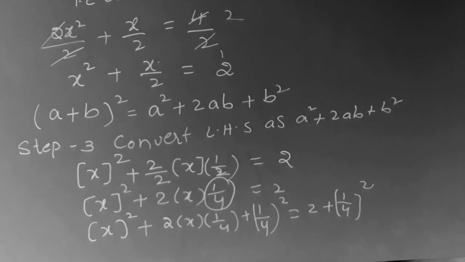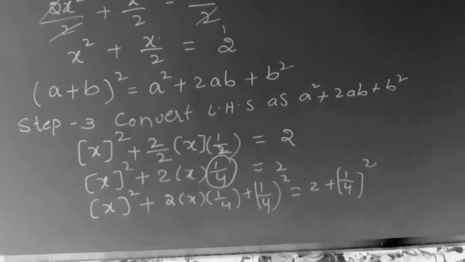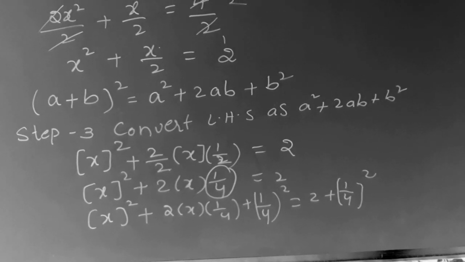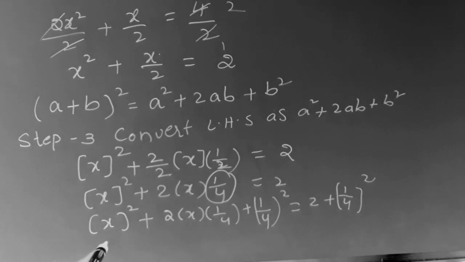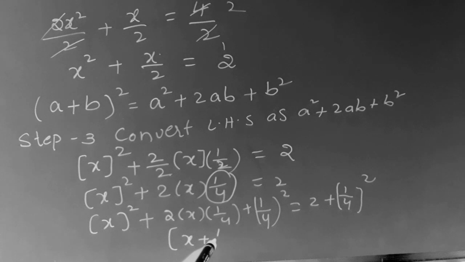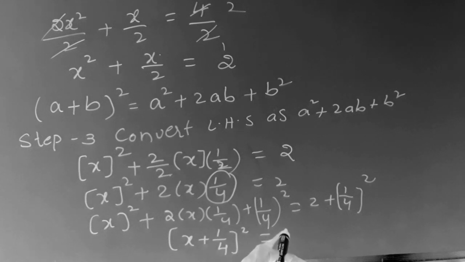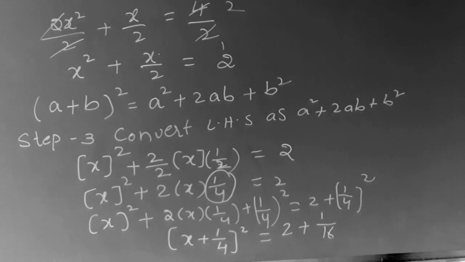So now what happens, just you see here, the left side is looking like a square plus 2ab plus b square. So it becomes a plus b whole square. Okay, right side you see 2 plus 1 by 4 whole square is nothing but 1 by 16. Now we will do the simplification.